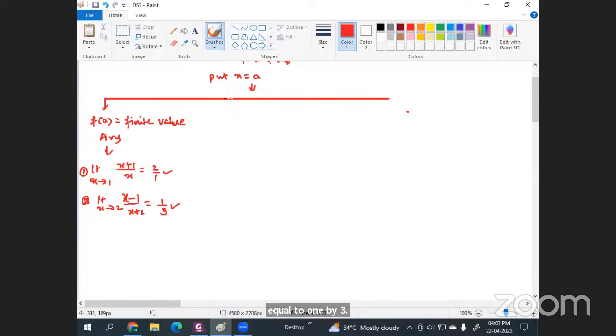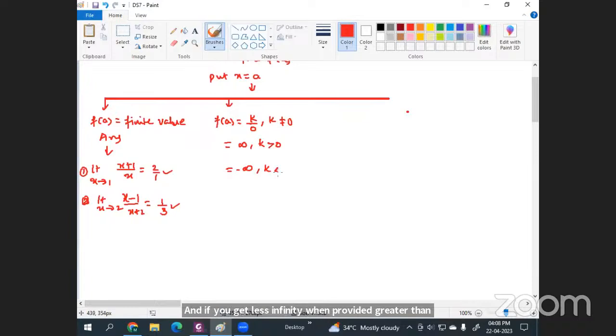And there may be another form, that is f of a, you may get some number k by 0 where k is not equal to 0. If you get plus infinity provided k is greater than 0, minus infinity provided k is less than 0. So this is also our answer.